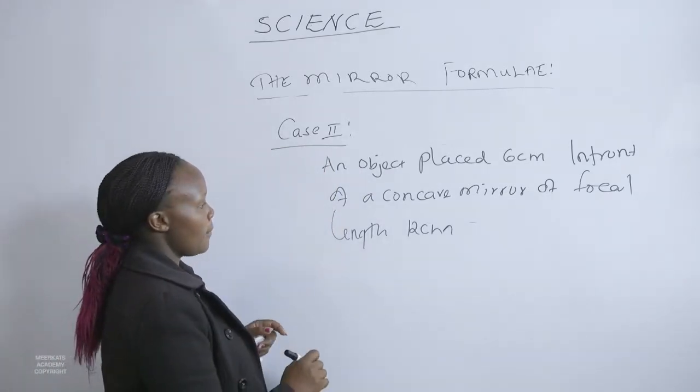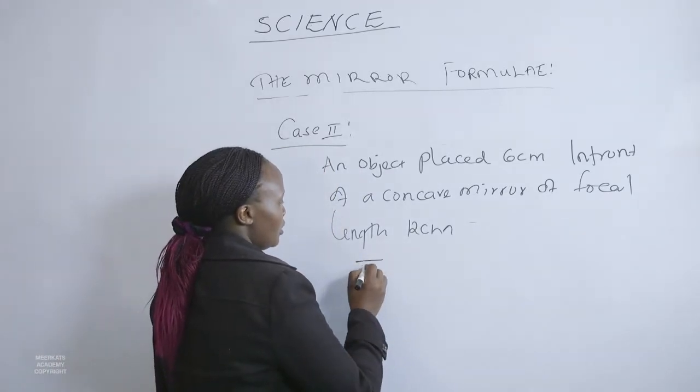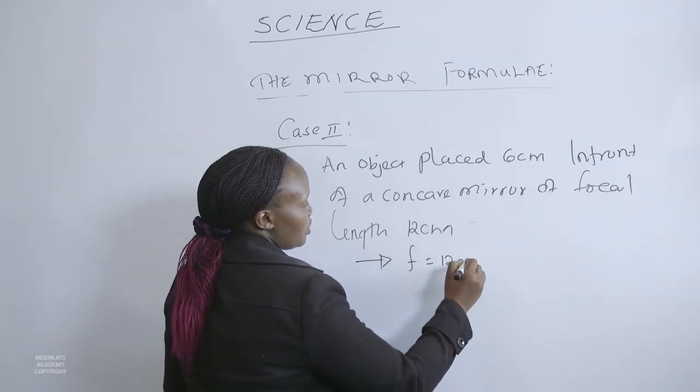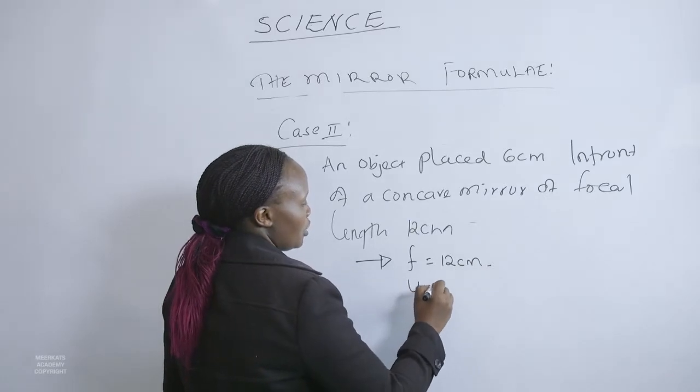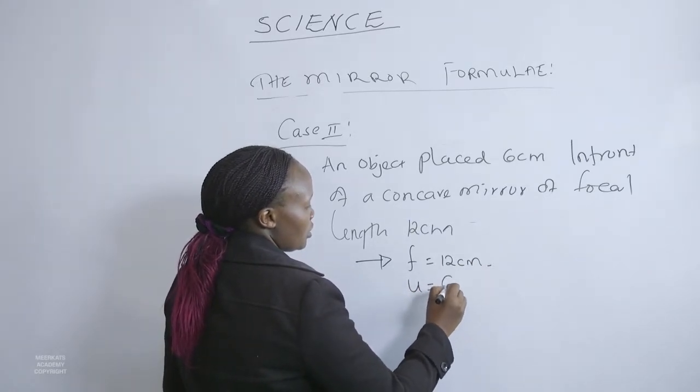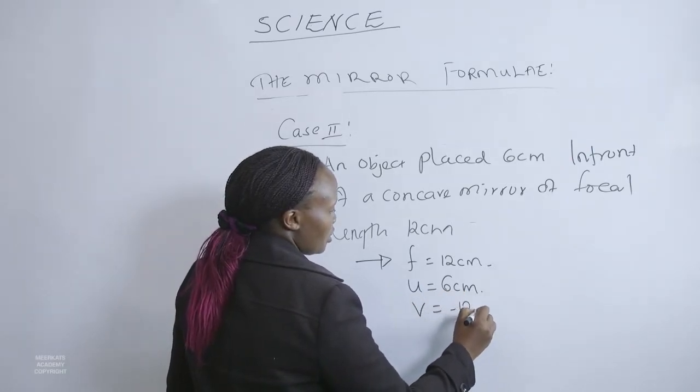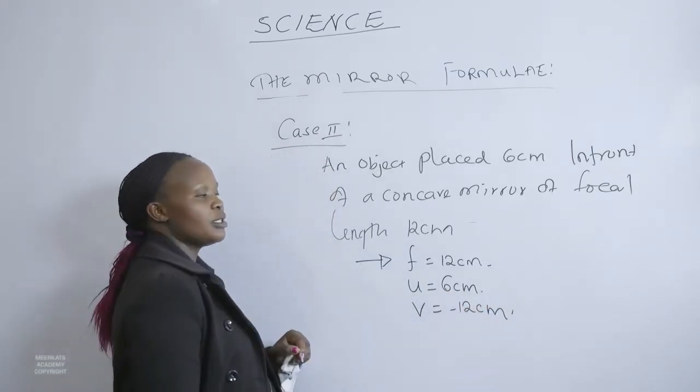So, now let us try and get the magnification. Now remember, we have F being equal to 12 centimeters, U being equal to 6 centimeters, and V being equal to negative 12 centimeters.